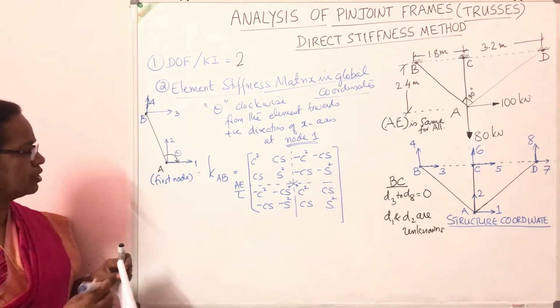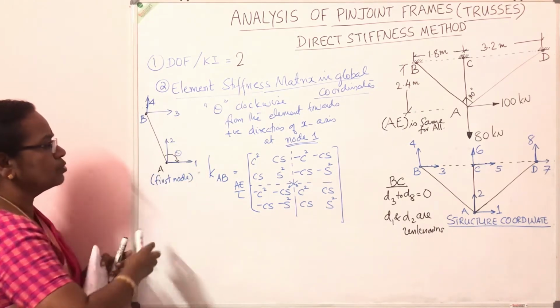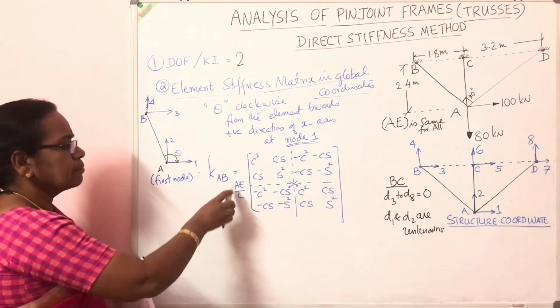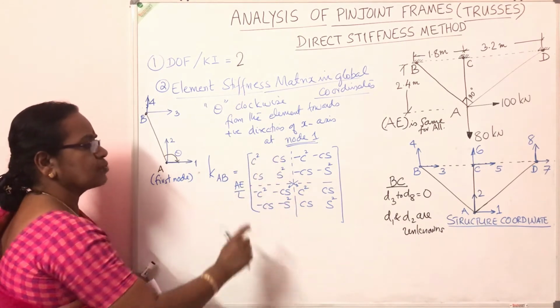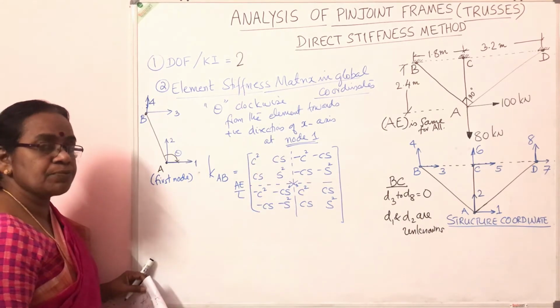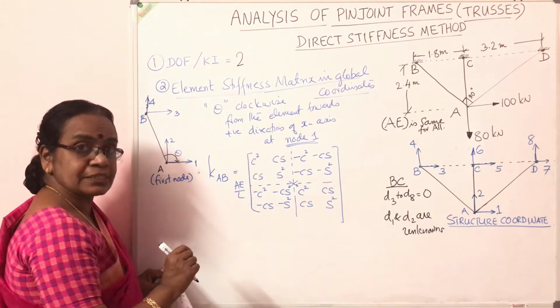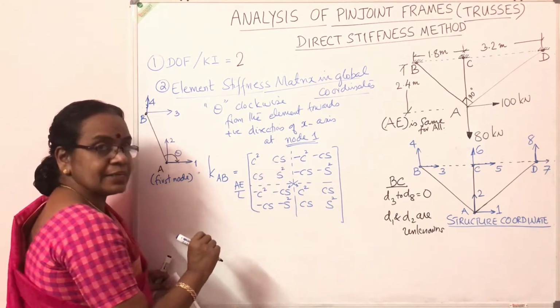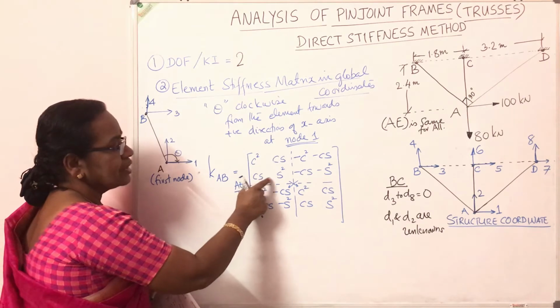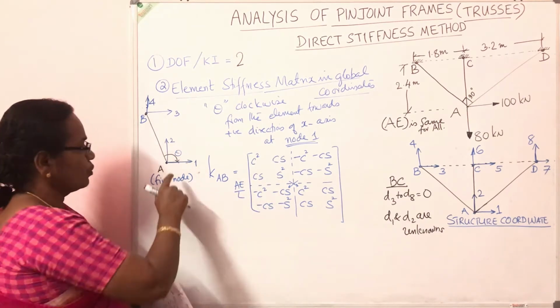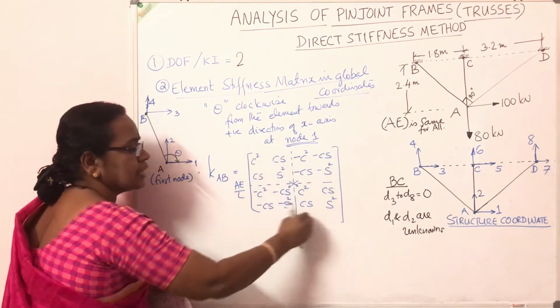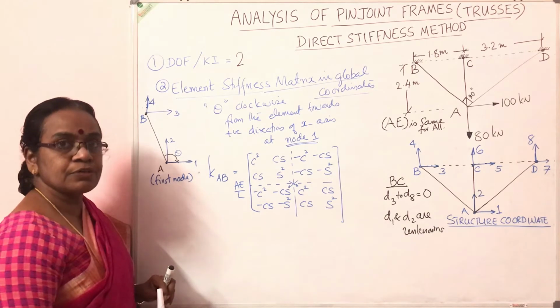This is the stiffness matrix for an element with coordinates 1, 2, 3, 4. Remember those terms: C square means cos square theta, CS is cos theta sin theta, and S square is sin square theta. So if you calculate theta, I can complete the element stiffness matrix for the first element AB.